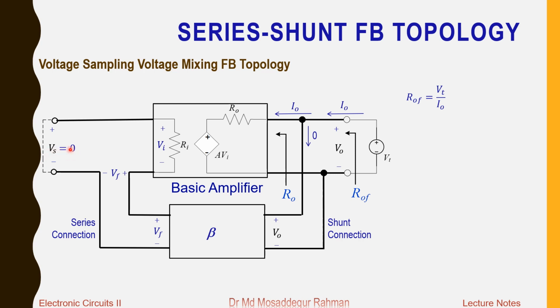So once you set this voltage to 0, that means these two terminals are basically shorted. You get a 0 voltage when you short the two terminals. When two terminals are shorted, the voltage difference between the two terminals becomes 0.